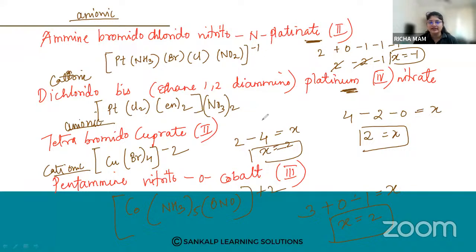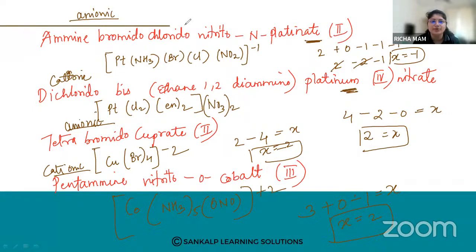If you have them in the form of sentences, you know how to write the names also, how to write the complexes also. Is it clear up to here, everybody? Yes, students, is it clear? Any doubts?